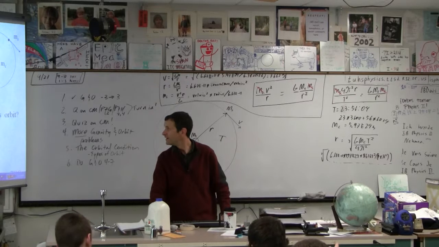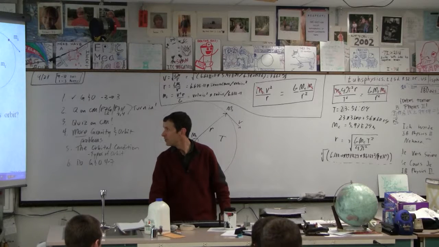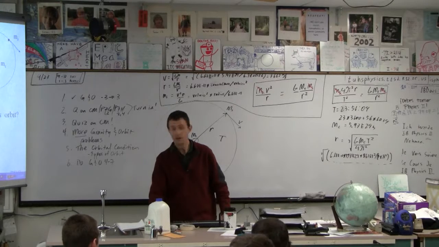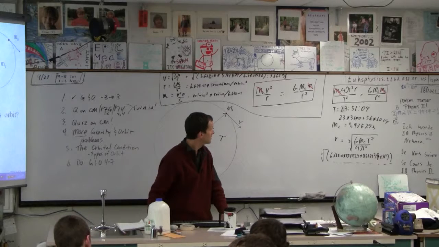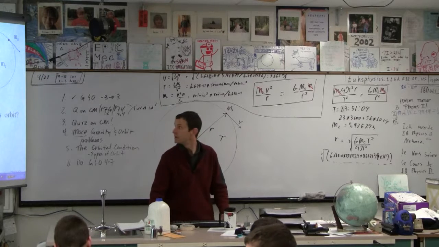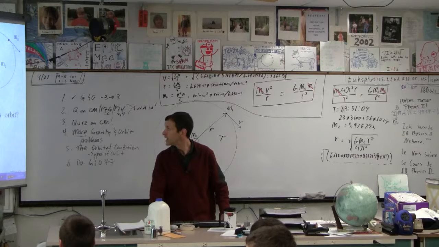All right. 6.67. Who remembered that it was math 4? That's kind of amazing. Times 5.97. Calculate along with Mr. Murray. Some smart alecky kids. Good.